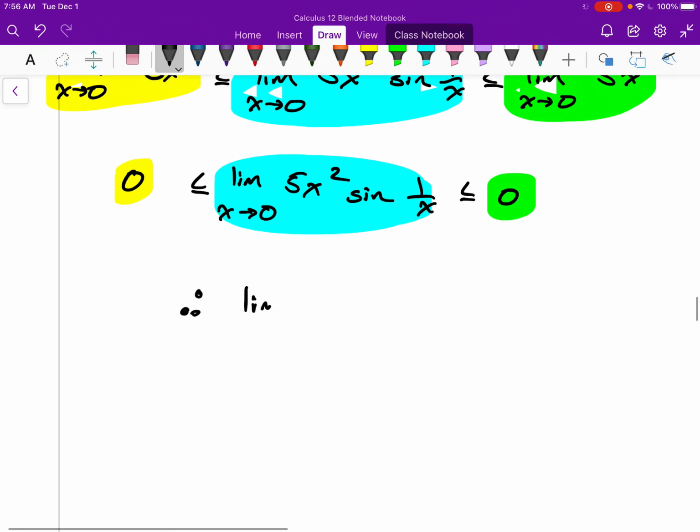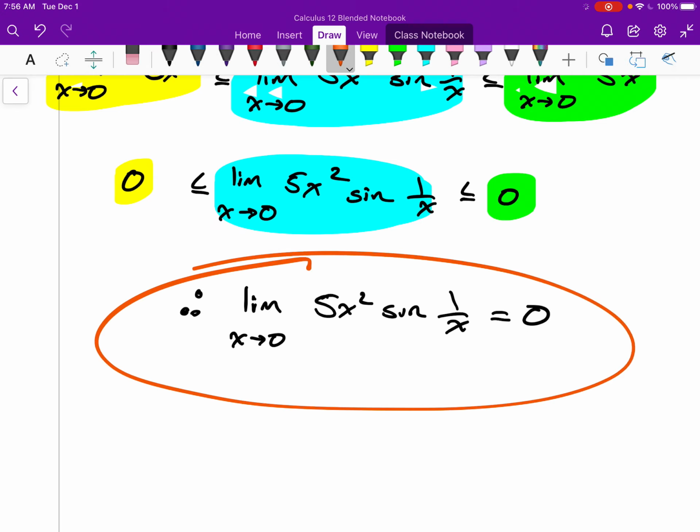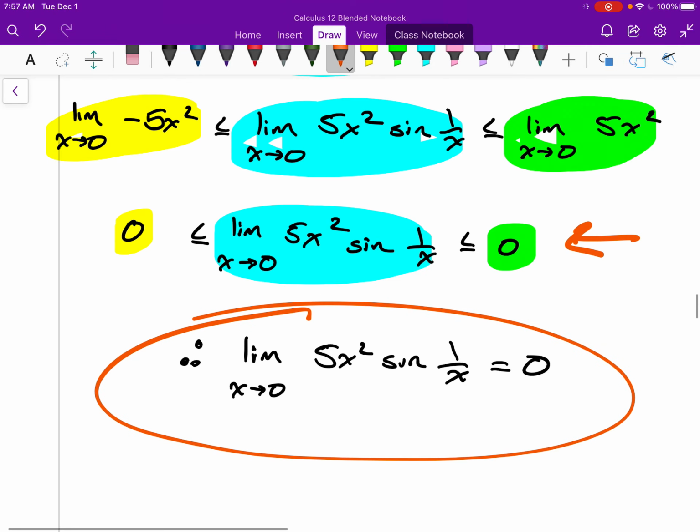Therefore, I know the limit as x approaches 0 of 5x squared times the sine of 1 over x must equal 0. Because right here, in essence, I logically found a way to squeeze this weird function, 5x squared times the sine of 1 over x, between two simpler functions.